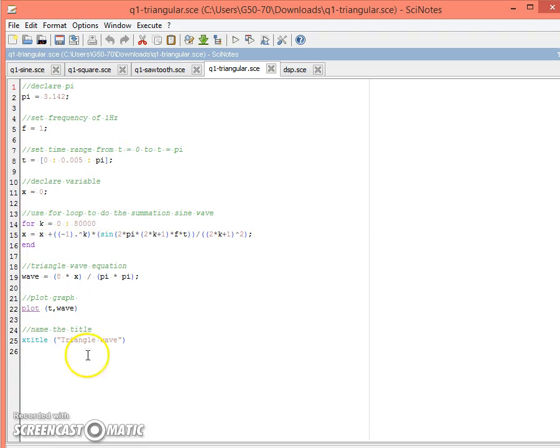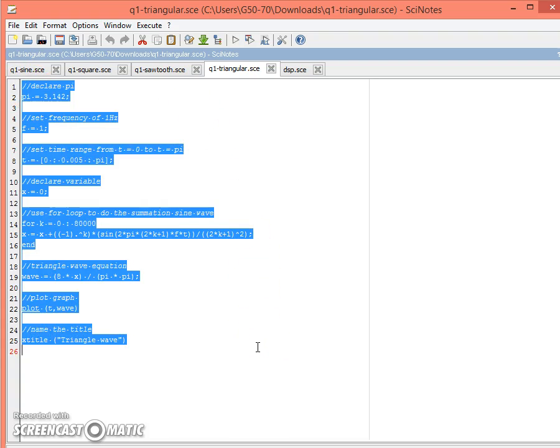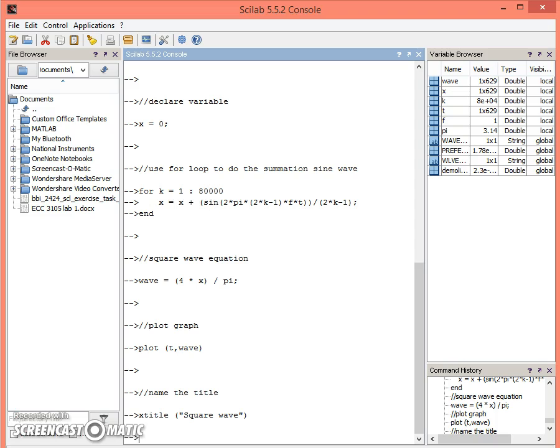Basically it is the same as the square wave, but we just substitute the equation, so we only need to change this part and plot the triangular wave. So let's compute and run this coding.